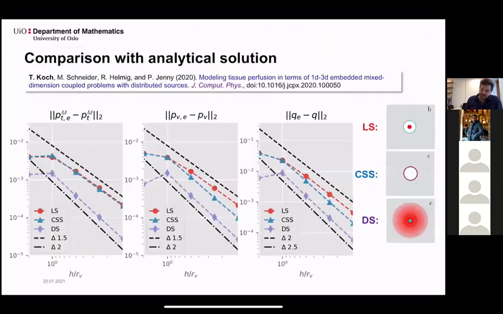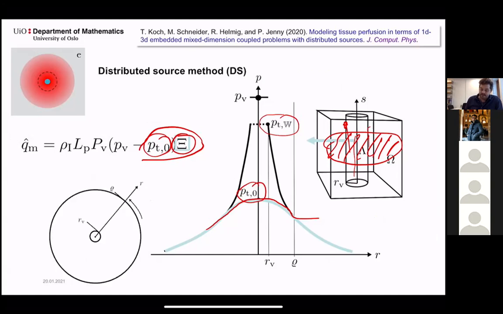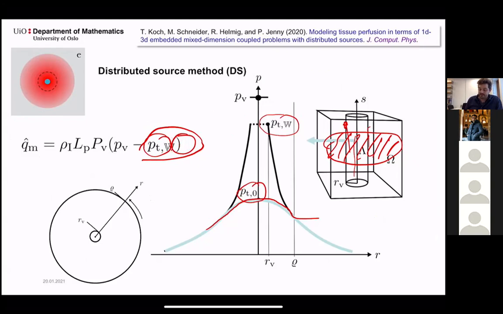So this was very nice, and we compared these 3 schemes now in convergence studies, so against the analytical solution. So I have to mention that the 3D solution, so if you go back, the blue thing is basically the pressure solution in the 3D space. And this is actually going to be different for all these methods.